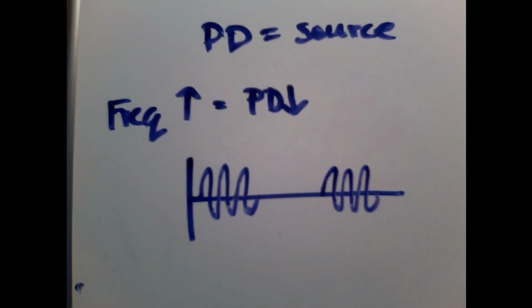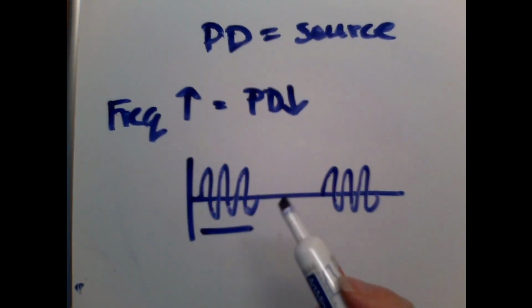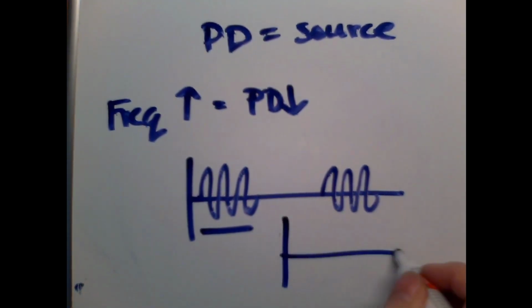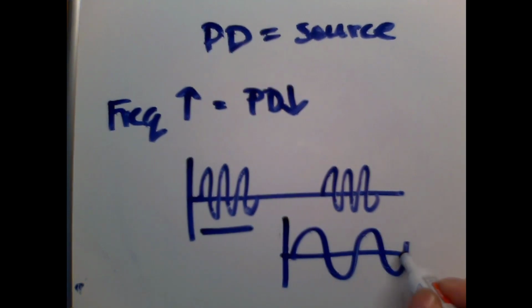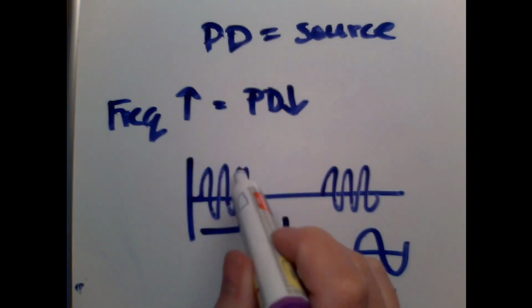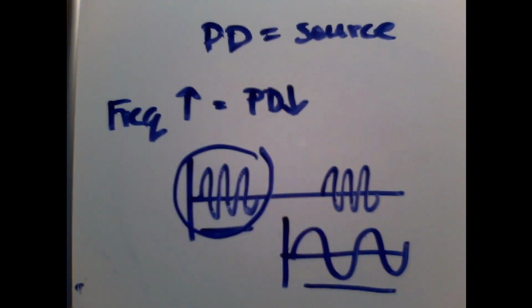So we can fit a small pulse into a smaller time frame. This is going to go by much quicker than what a low frequency pulse would take. So remember, our low frequencies are going to have longer wavelengths. All right, so when frequency increases, we get shorter wavelengths, we get shorter periods. That all plays into how long our pulse duration is.